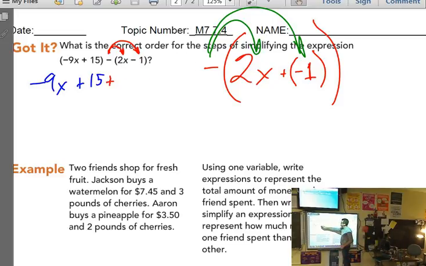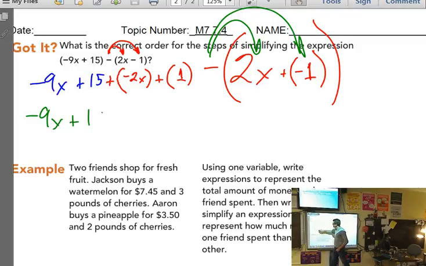We assume addition between everything. Then the opposite of 2x was negative 2x. We assume addition. The opposite of a minus 1 or a negative 1 is a positive 1. Then I clean this up, and it becomes negative 9x plus 15 minus 2x plus 1.